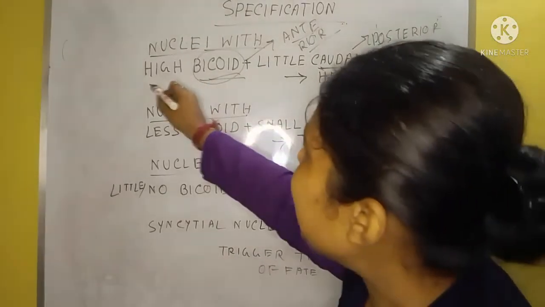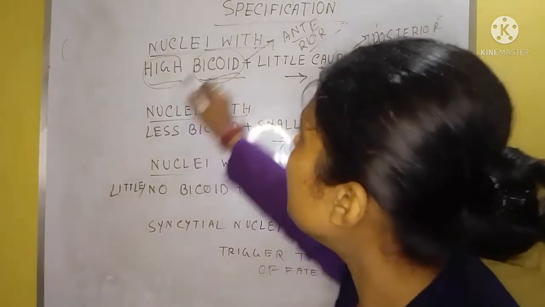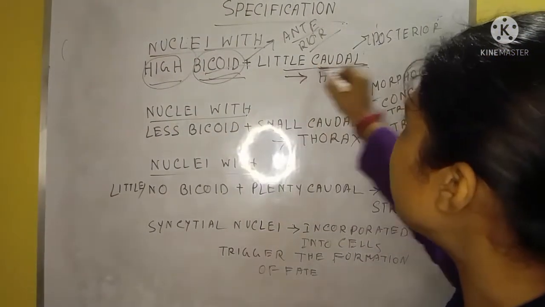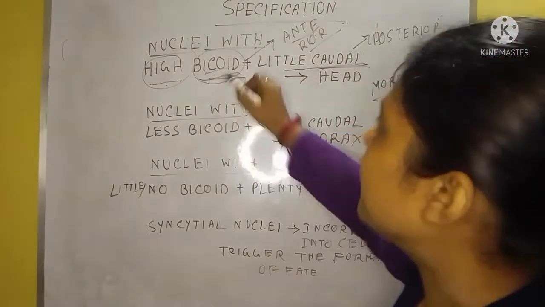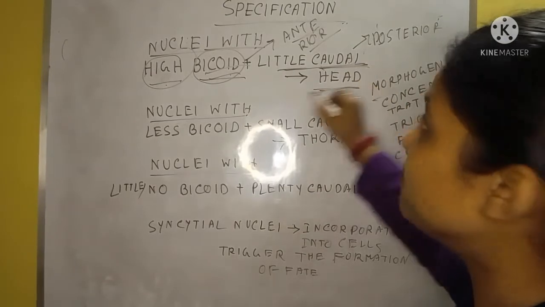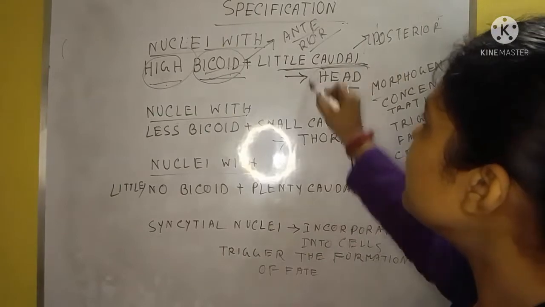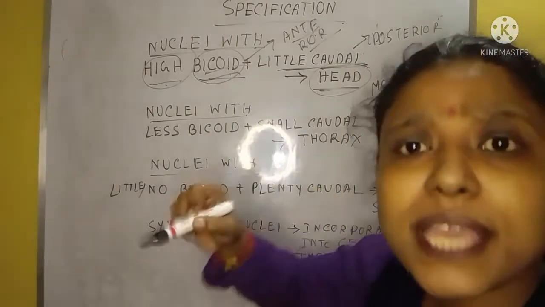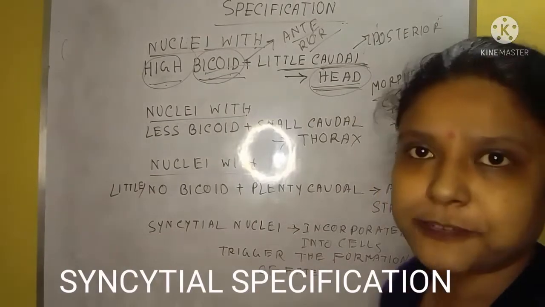In the anterior part, where the head is generally formed, there is a high amount of bicoid and a little amount of caudal. The nuclei-containing cells of this part are involved in the formation of the head.